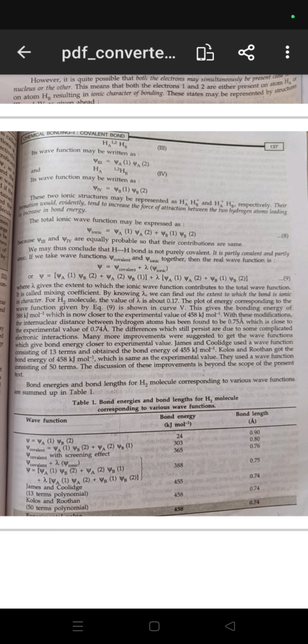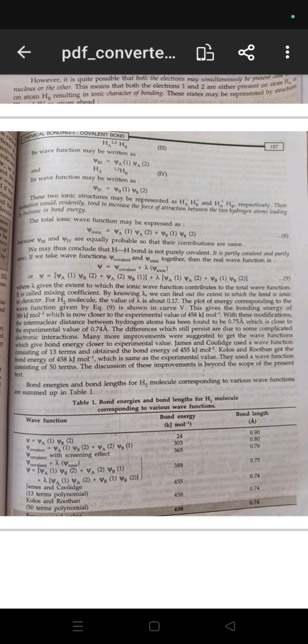For the H2 molecule, the value of lambda is about 0.17. The plot of energy corresponding to the wave function given by equation 9 is shown in curve V. This gives the bond energy of 388 kJ per mole, which is now closer to the experimental value of 458 kJ per mole.